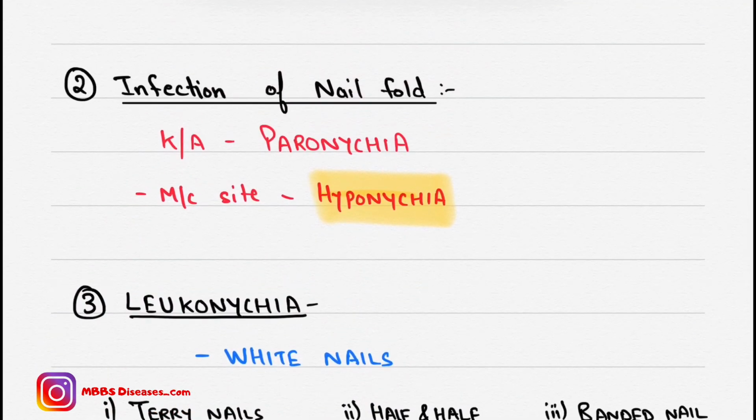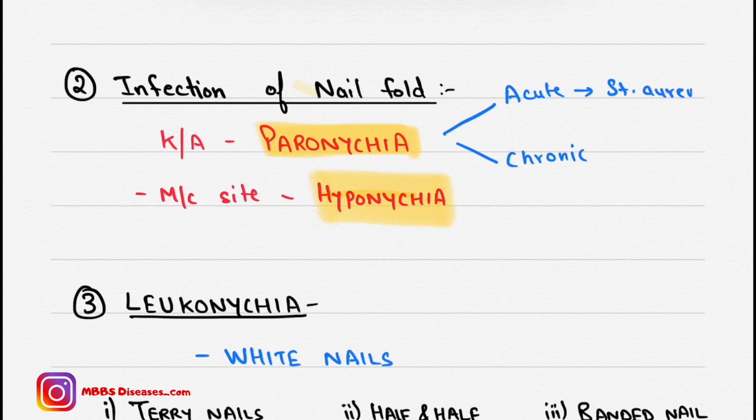This infection of the nail fold is known as paronychia. It can be acute or it can be chronic. If it is acute, the most common cause is Staphylococcus aureus, a bacterial cause, and in the chronic form, fungal infection is common, so it is Candida.